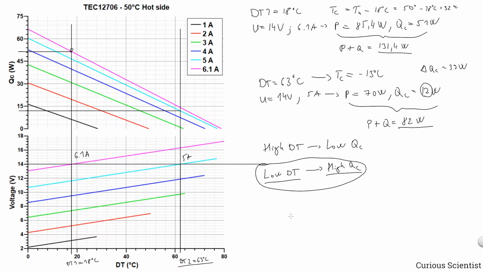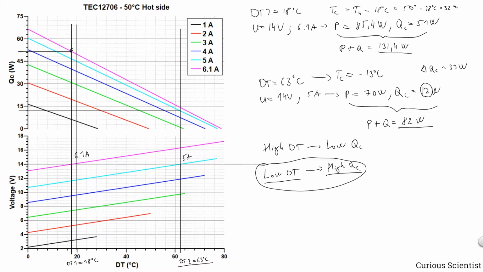If you want to reach 0 degrees Celsius and you want to have a reasonable QC, then you have to maintain your hot side at 20 degrees Celsius. Of course, this chart is valid for the 50 degrees hot side, but I just want to use this simply. So we want to reach 0 degrees, and the hot side is constantly maintained at 20 degrees Celsius. So we go for dT equals 20.